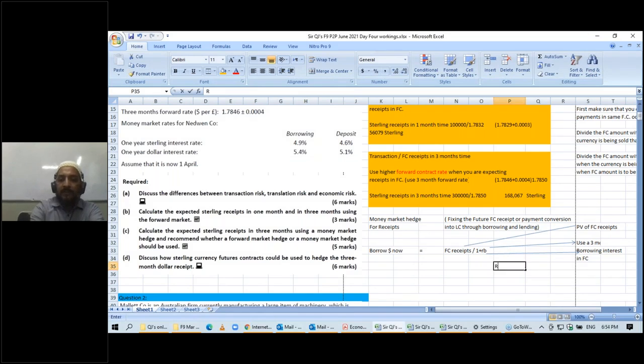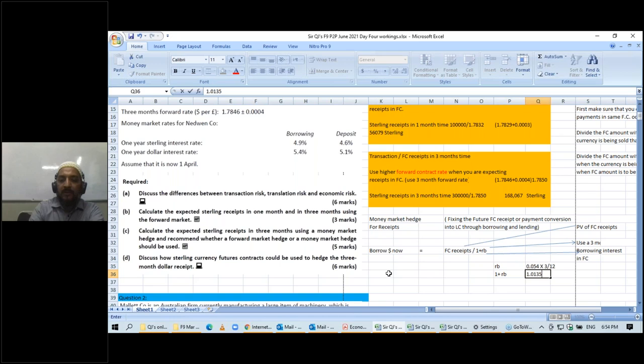So RB is equal to 0.054 multiplied by 3 divided by 12. So we have made it a 3-month rate, and then 1 plus RB will become 1.0135.